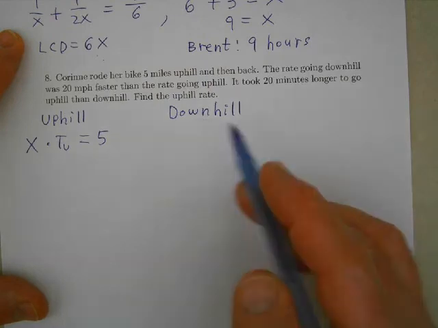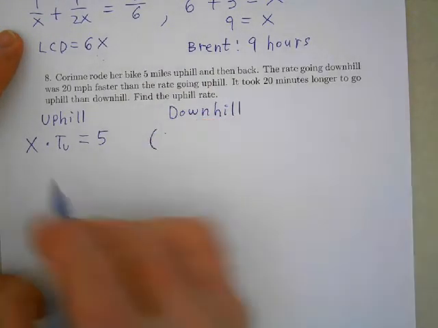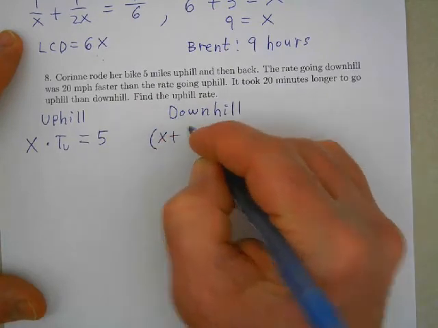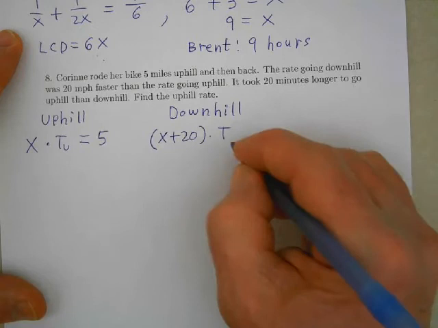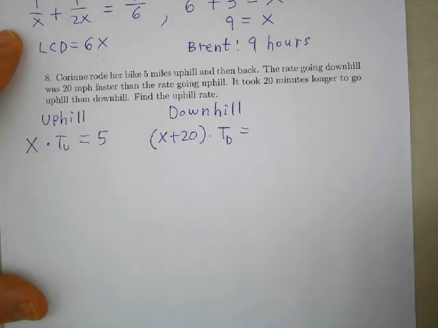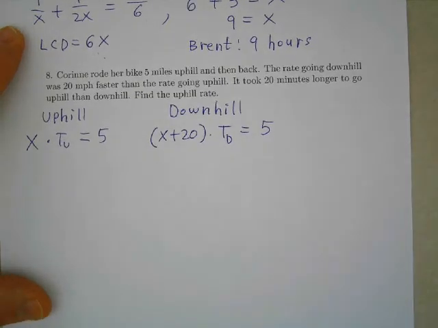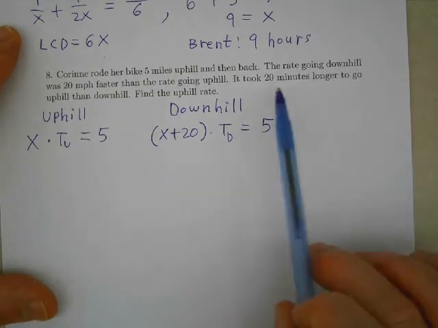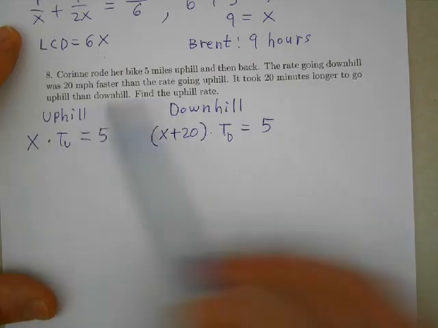And then downhill, the rate going downhill was 20 miles faster than x, so its rate is x plus 20 miles per hour. And we'll use t sub d for the amount of time it took her to bicycle 5 miles downhill. And then we're told that it took 20 minutes longer to go uphill than downhill.